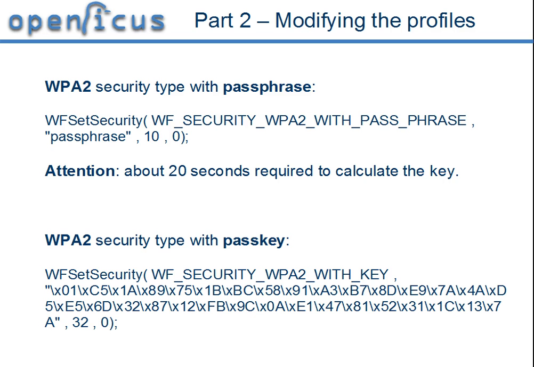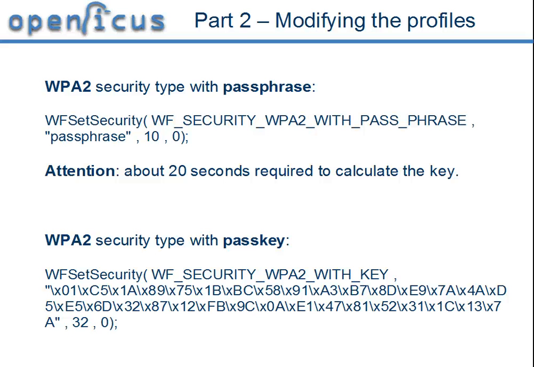Now for the WPA2 security type, we can use, for example, the passphrase. We specify wf security WPA2 with passphrase. We put the passphrase, the length, and the index has no sense in this case, so we put 0.